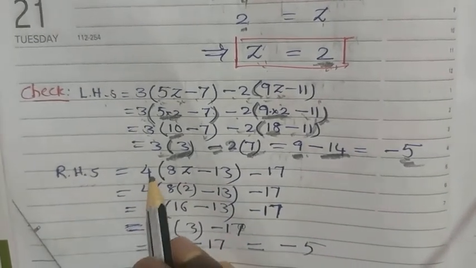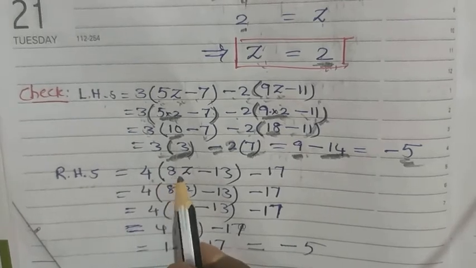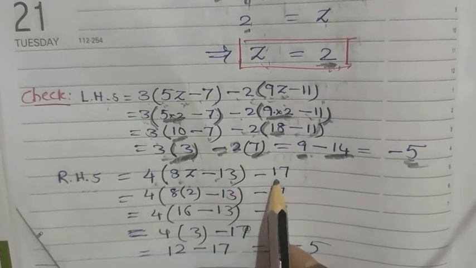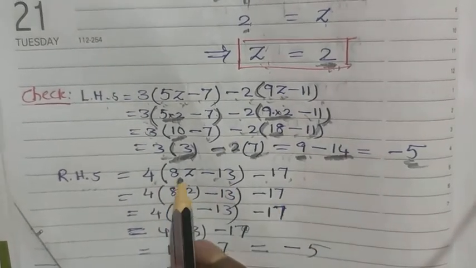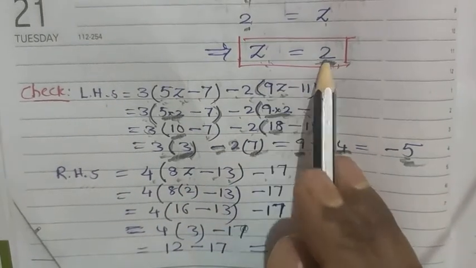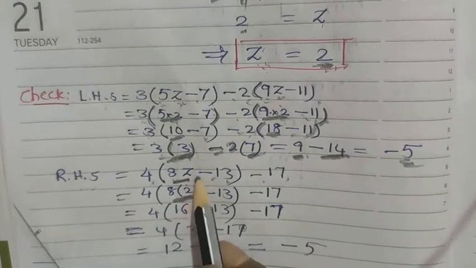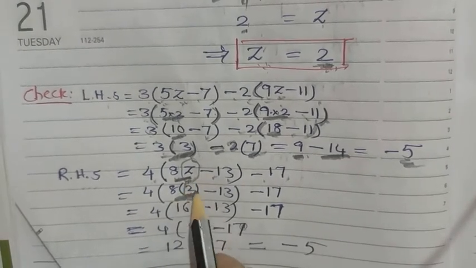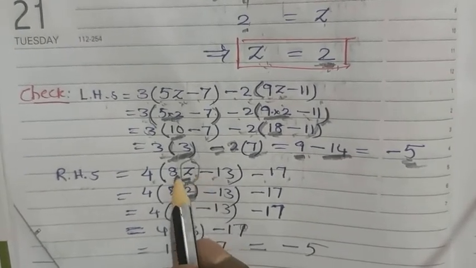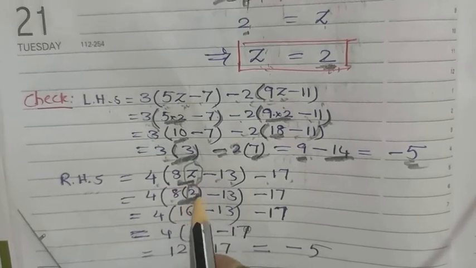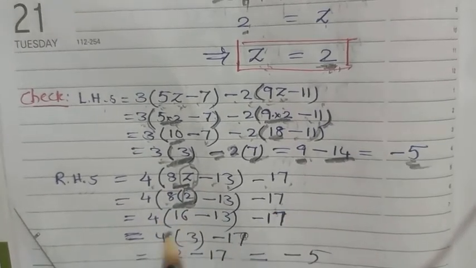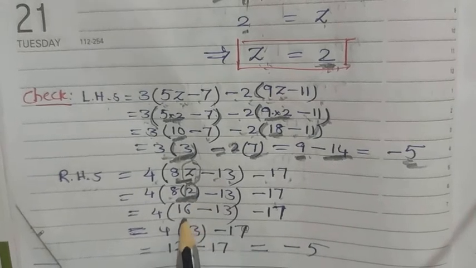In the RHS of the question we have 4 multiplied with 8z minus 13, minus 17. Wherever z is there we can write 2. 8z is nothing but 8 into 2. Here z is only one term. Instead of z we are writing 2. 8z is nothing but 8 into z, so 8 into 2, remaining all same. 4, 8 into 2 is 16.